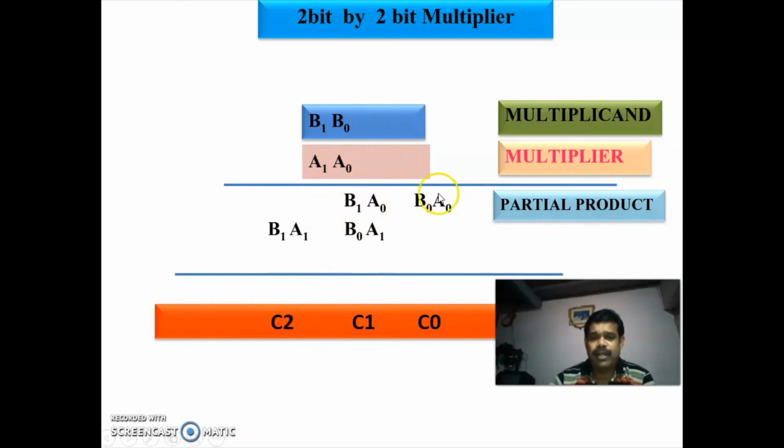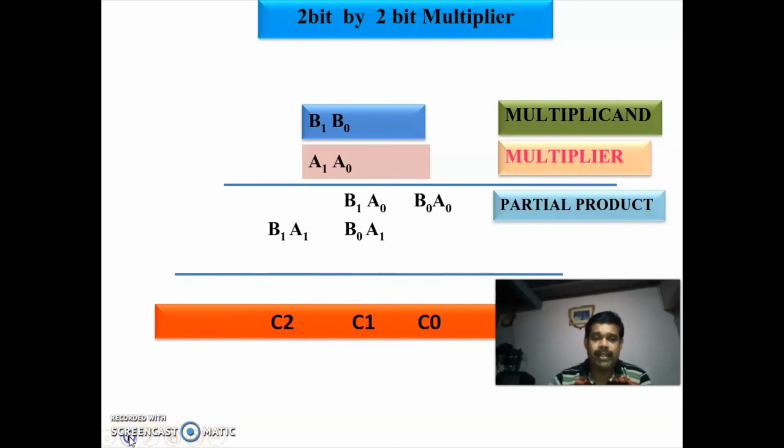First A0 with B0, A0 with B1. Next A1 with B0, A1 with B1. Then these are the partial products and this is the product we get. So this is the 2-bit by 2-bit multiplier.